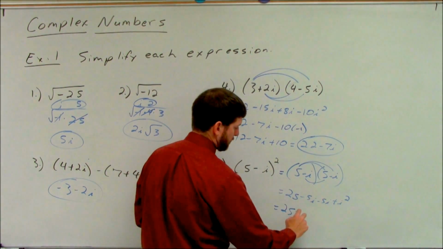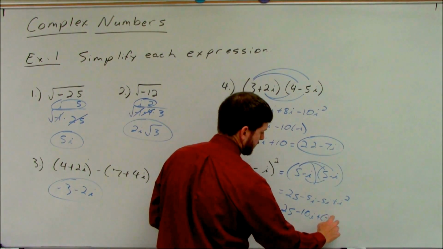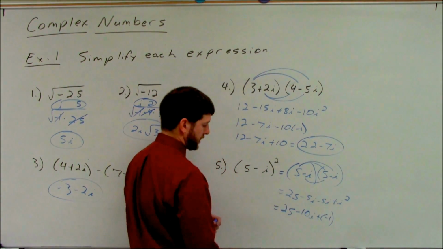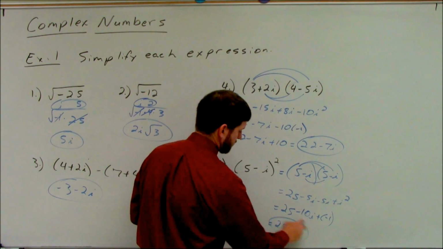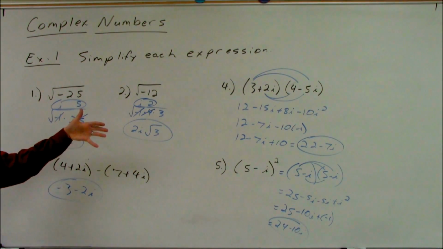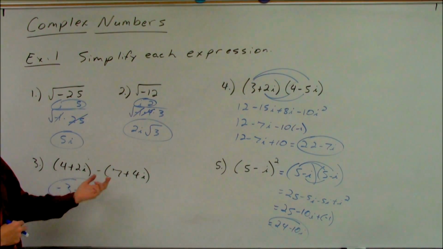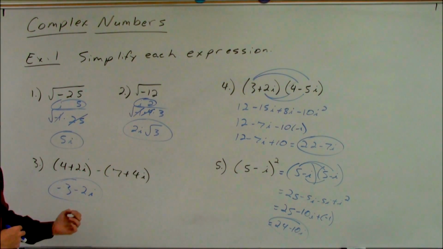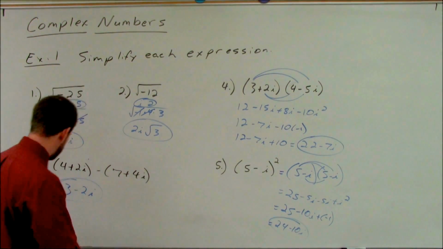So 25 minus 10i, we know i squared is negative 1. 25 and negative 1 gives us 24 minus 10i. So that's how you add or subtract complex numbers, multiply complex numbers.